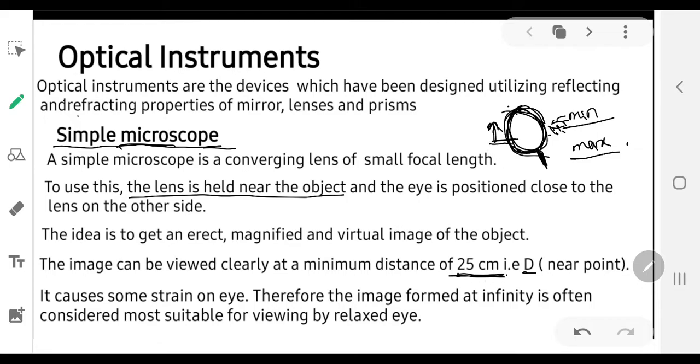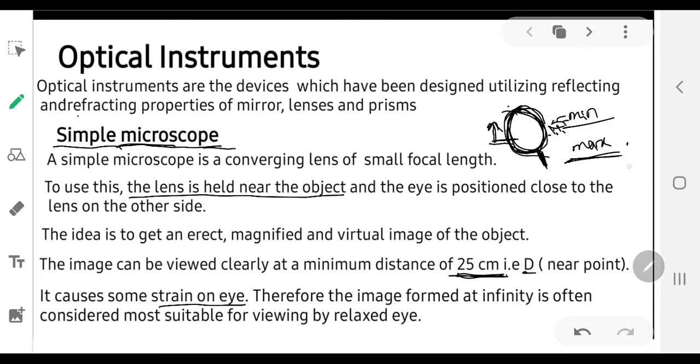This is the minimum distance of image formation by the simple microscope, so that the eye can see it. The other extreme condition is at a maximum distance. Maximum is nothing but infinity. Forming the image at 25 centimeters causes strain on the eye. Therefore, the image formed at infinity is often considered most suitable, because the eye will be in a relaxed position to observe that image.